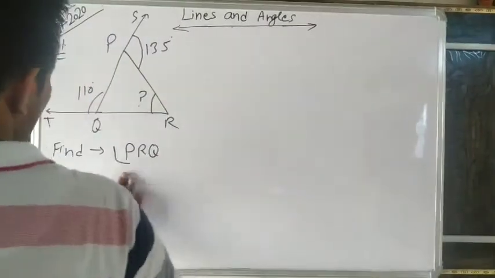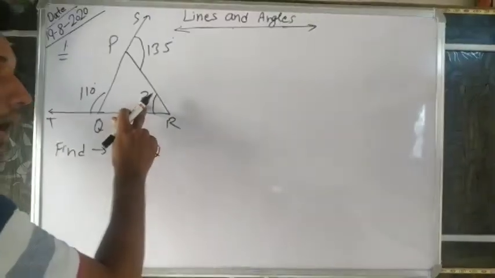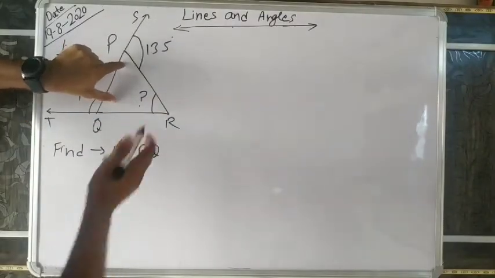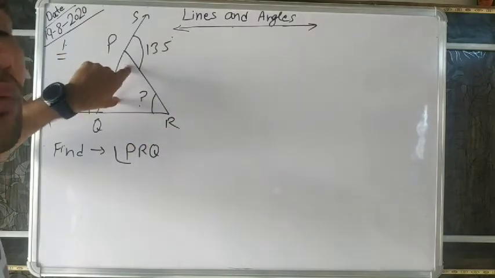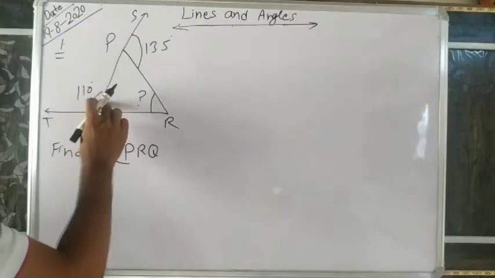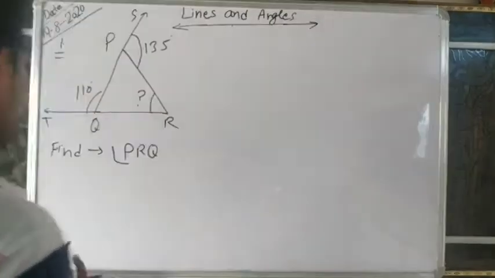So now we will use only these two theorems. If we want to find angle R, and we know the two interior angles P and Q, we can find the third easily by using the angle sum property. But we don't know these, so first we will find this angle and this angle. How will you find this angle? It is a straight line. So you can write angle TQP plus angle PQR equals 180 degrees.